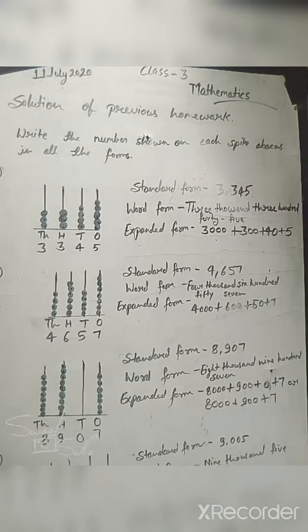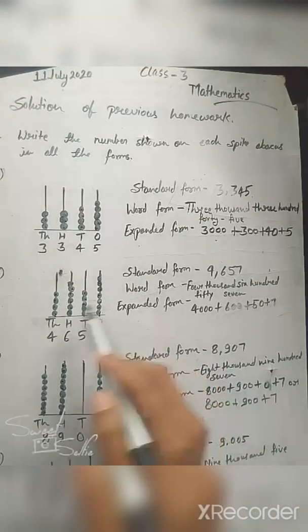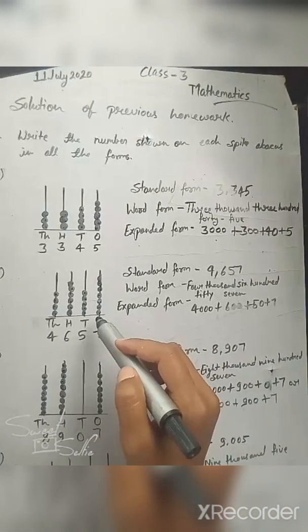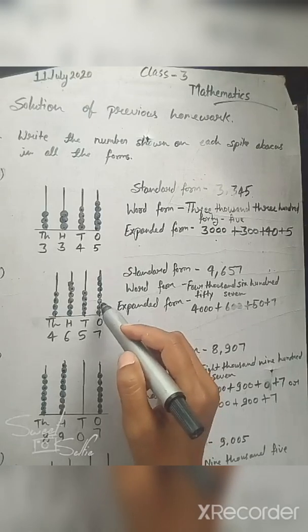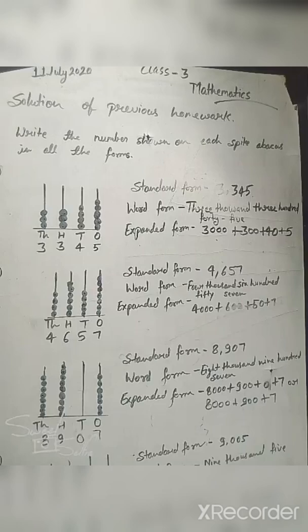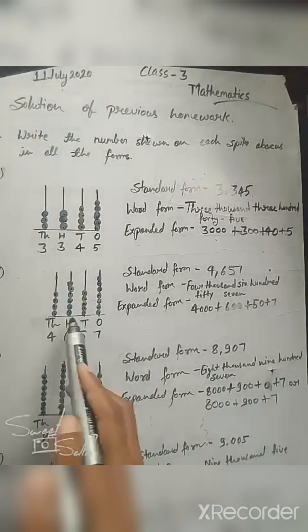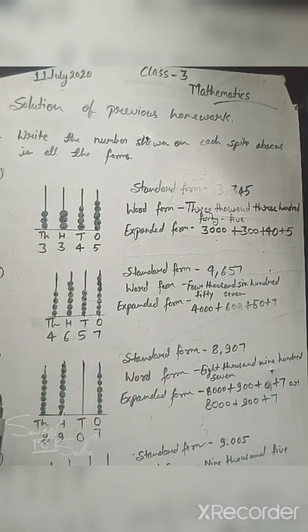Okay, let's see number D. In D, how many beads at ones place? So there are 1, 2, 3, 4, 5, 6, 7 beads at ones place. At tens place 5 beads. At 100 place 6 beads, and at 1000 place 4 beads.